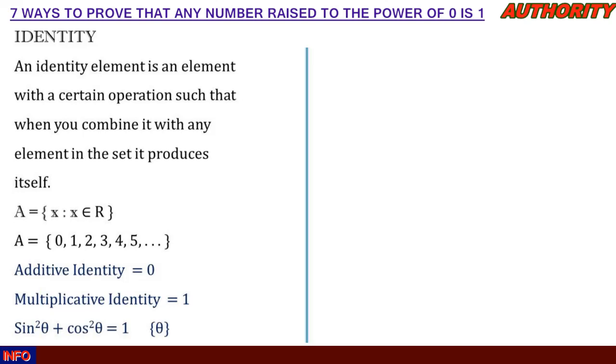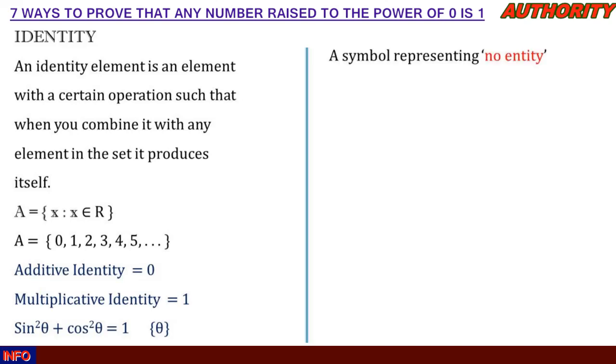If theta is 20, when you say sine squared 20 plus cos squared 20, it is going to give you 1. This is called an identity. If your theta is 90, sine squared 90 plus cos squared 90 definitely is going to give you 1. This is an example of identity.